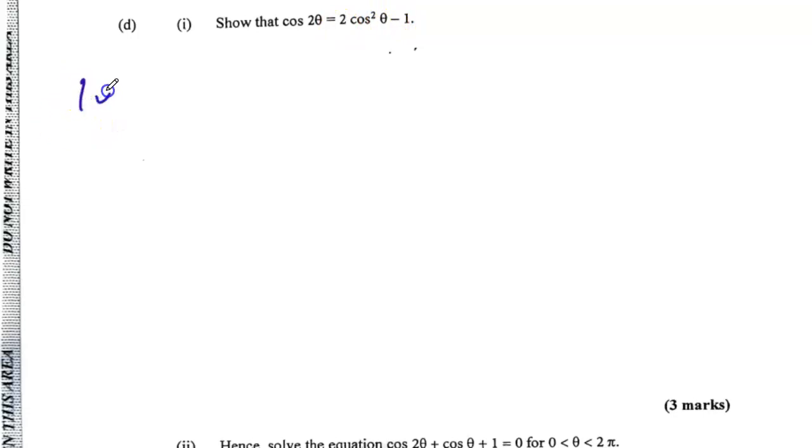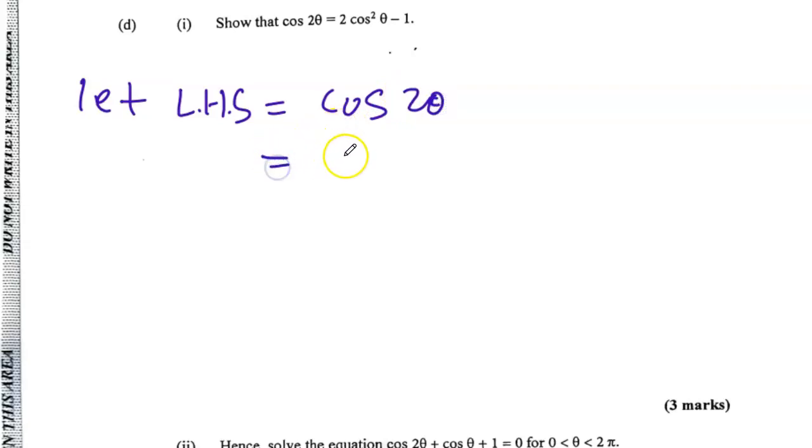So we can let the left hand side be cos 2 theta. And we can break up 2 theta as theta plus theta. Now there's a formula that we call the addition formula.